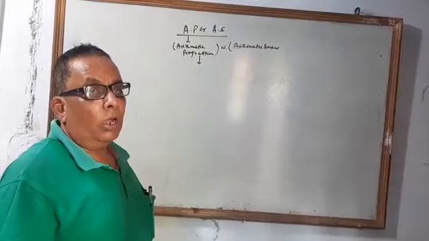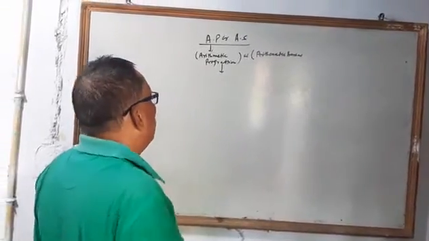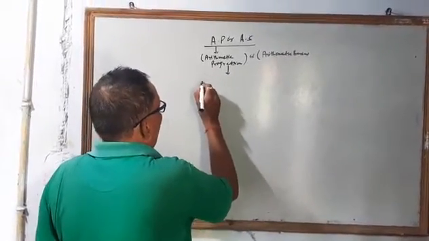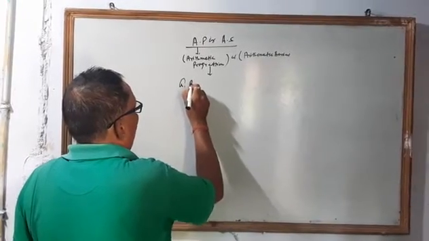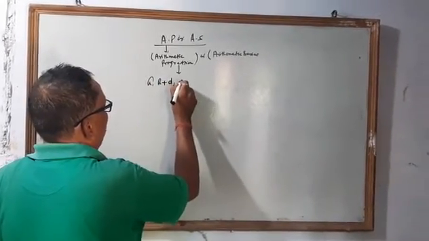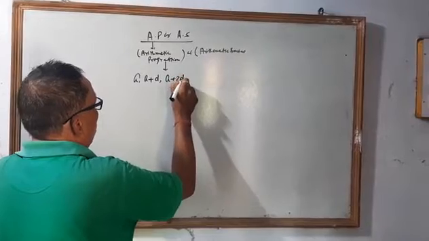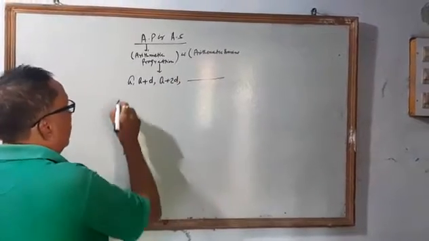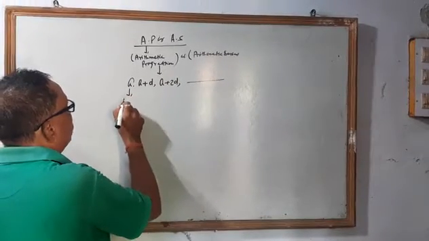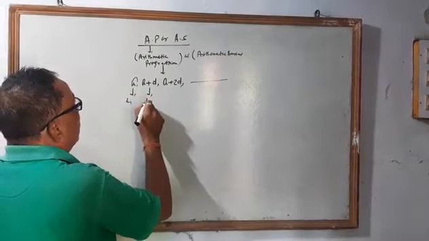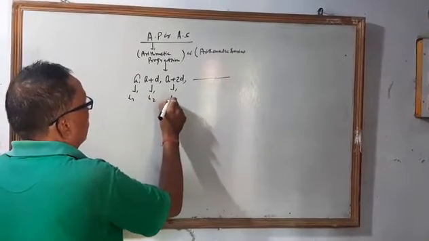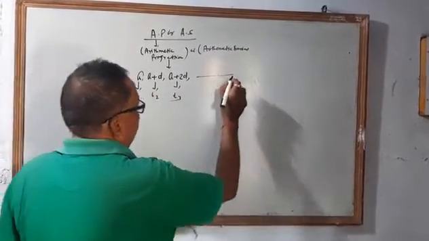Suppose you have the terms a, a plus d, a plus 2d, and so on. This is the first term, this is the second term, this is the third term.